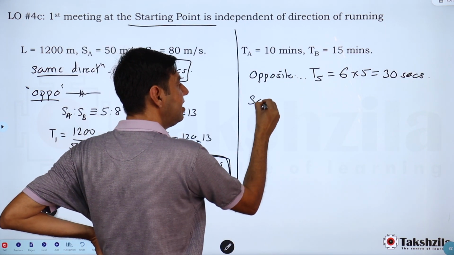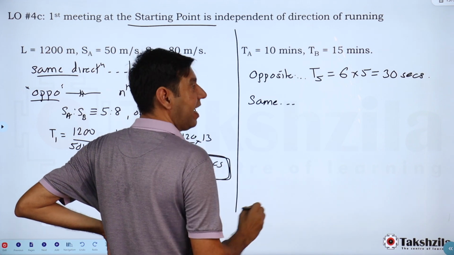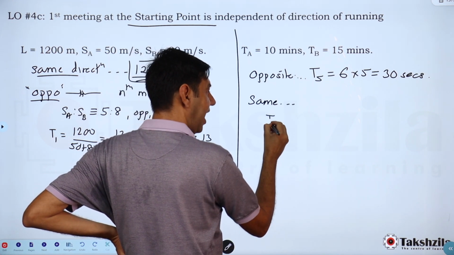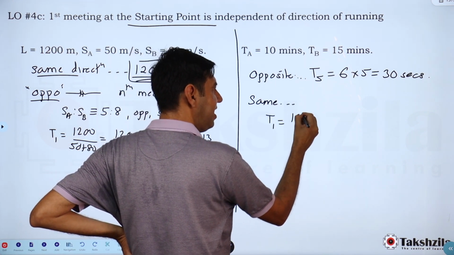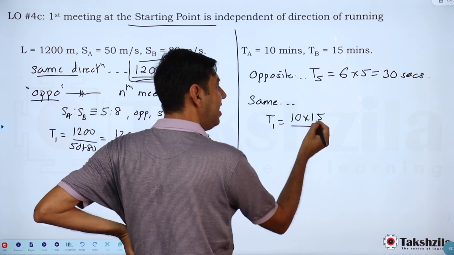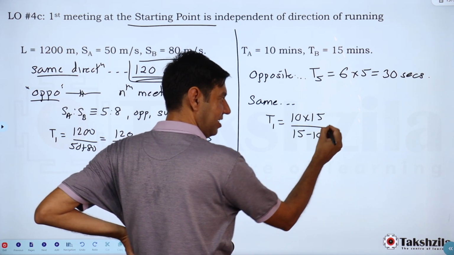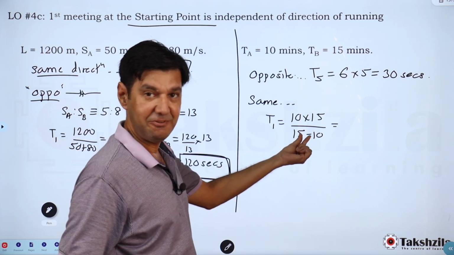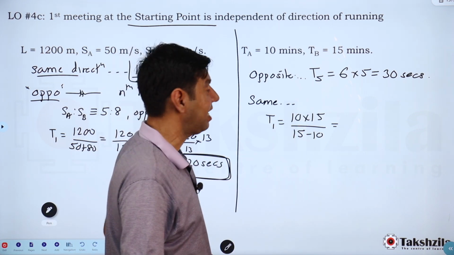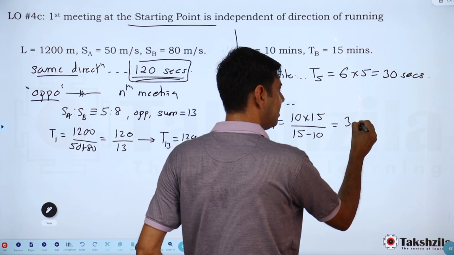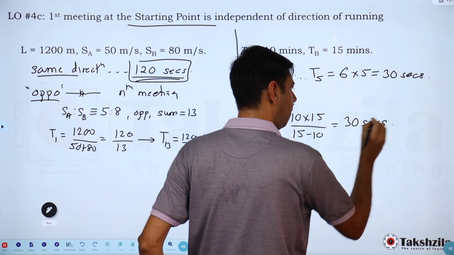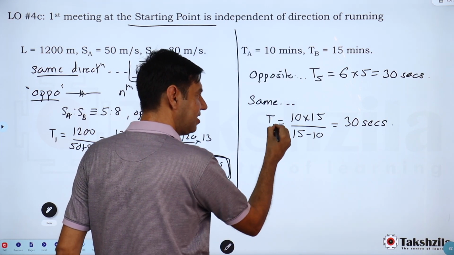But what if they run in the same direction? In the same direction, the time taken for the first meeting will be 150 by the difference of 10 and 15, but we'll take the positive difference, right? So this is nothing but 5. 150 by 5, that is 30 seconds.